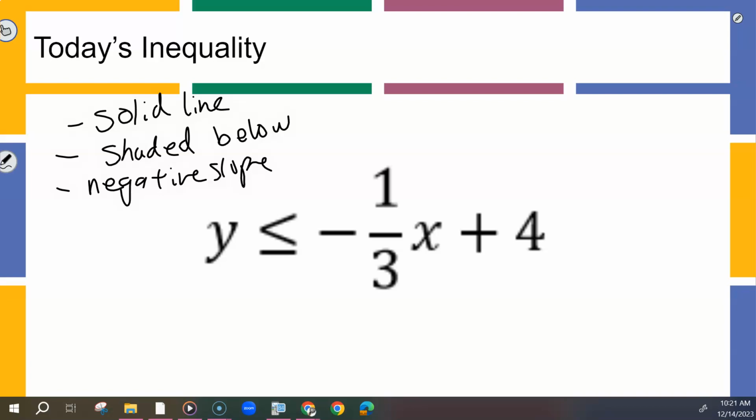What are some other obvious things we see? They're going to be super obvious. It is not a positive line. Okay.